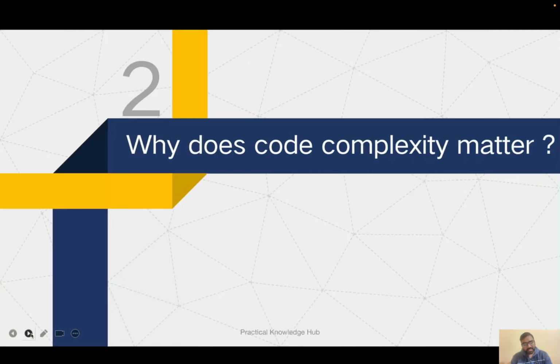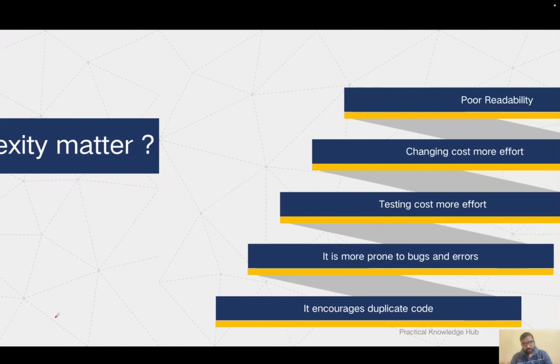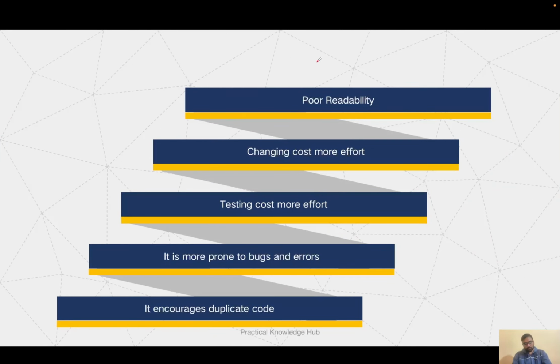Why does code complexity matter? Basically, if you review your code, in the daily development life cycle there are many people working on the same code base, and every person has different writing skills.